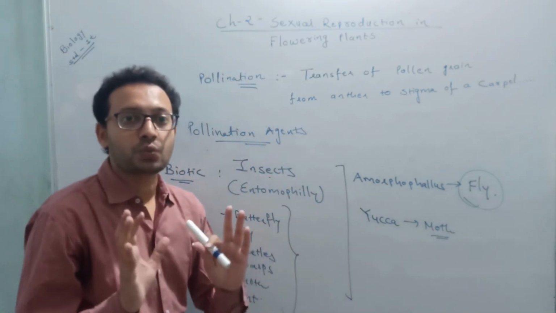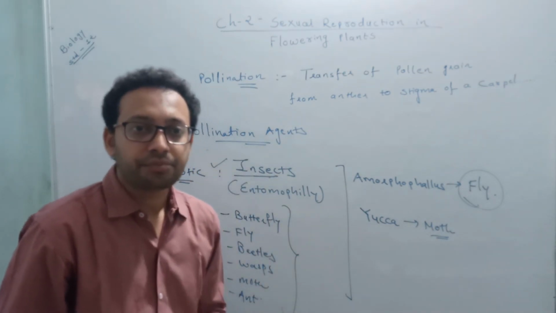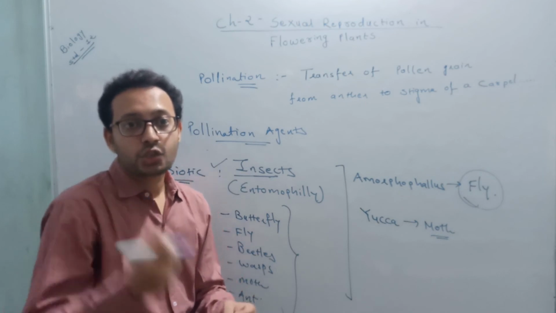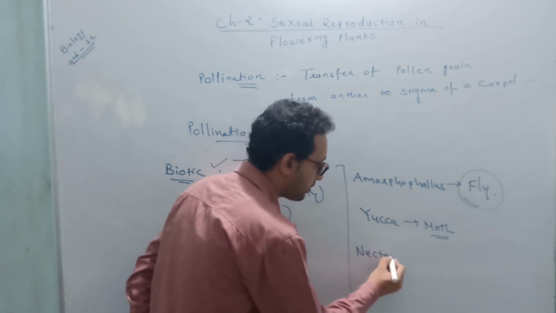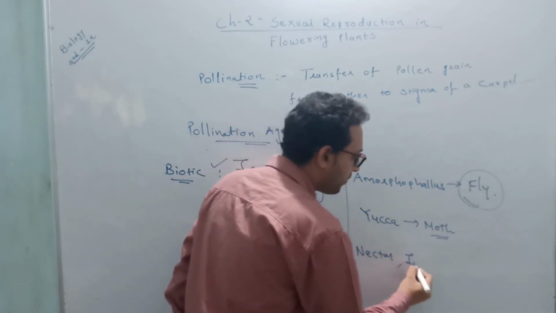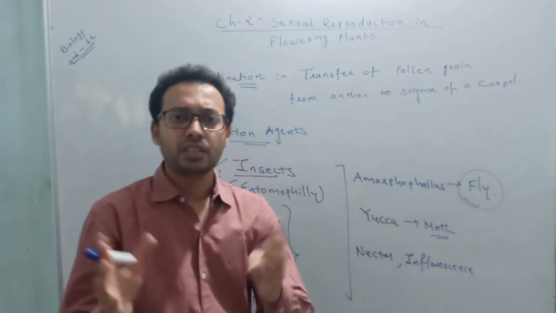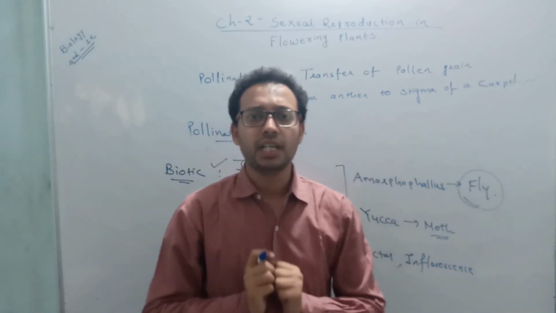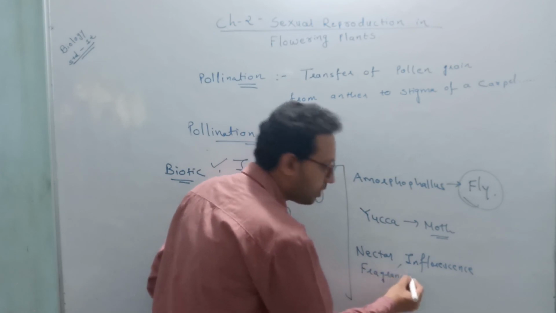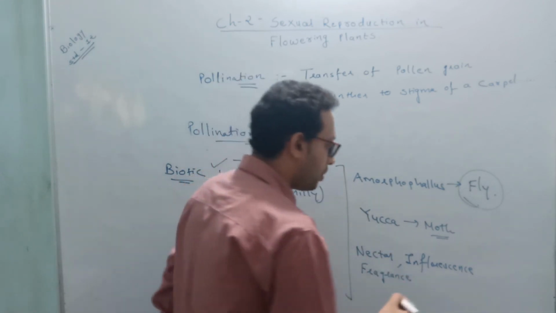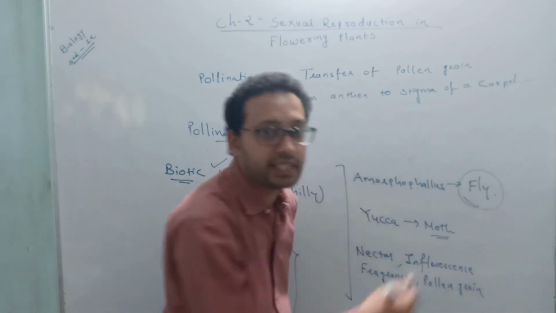Those plants which pollinate with the help of insects should attract the insects, and to attract them, they have nectar, or a very good inflorescence. Their appearance or color is so bright that the insect will be attracted towards it, or they have a fragrance, a very good smell, or the insect visits to eat its pollen grain, because the pollen grain is food for that insect.